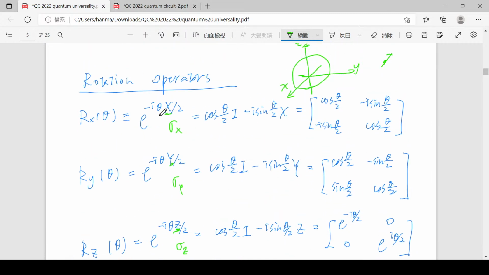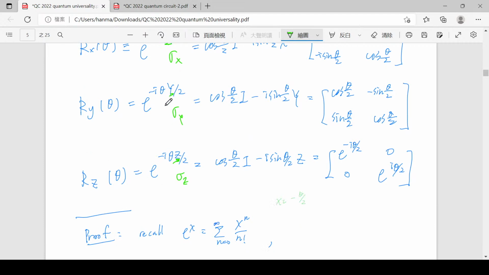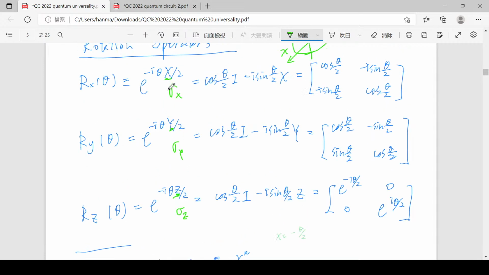So theta is the rotation angle, so it should be from 0 to 2 pi. And x, y, z are the Pauli matrices sigma x, sigma y, and sigma z. So those are operator functions, sorry, matrix functions. You apply this function of exponential something to your sigma x, sigma y, and sigma z. Okay. So the first three lines are definitions.